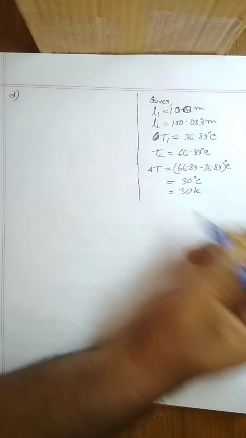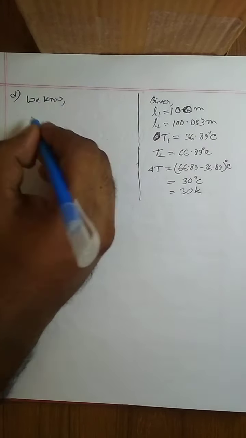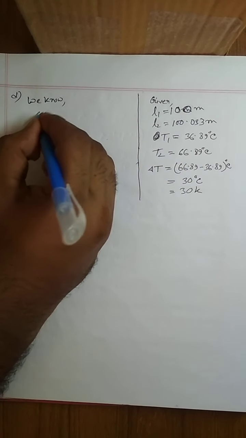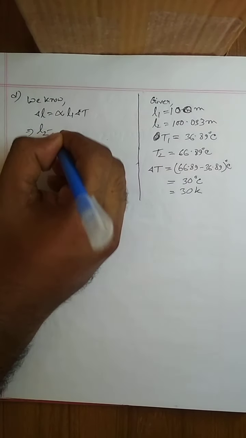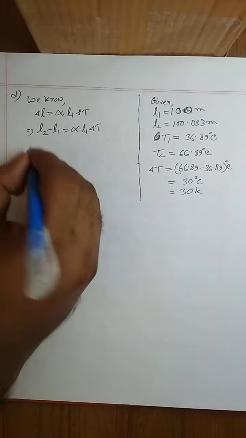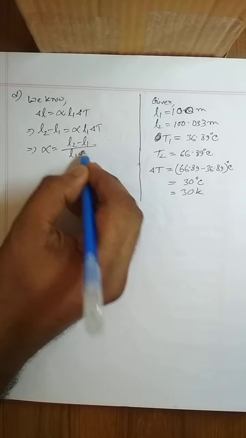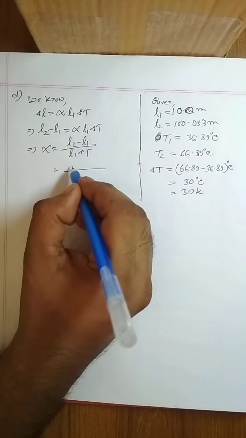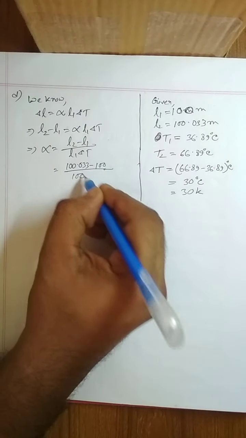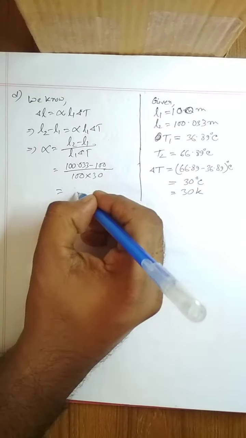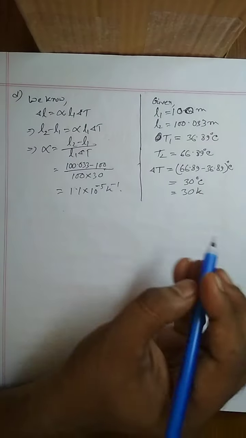So the difference is the same. So we can write this simply. So we know del L equal to alpha L1 del T. So L2 minus L1 equal to alpha L1 del T. So alpha is equal to L2 minus L1 by L1 del T. So this is 100.033 minus 100 divided by 100 into 30, so 1.1 into 10 to the power minus 5 per Kelvin.